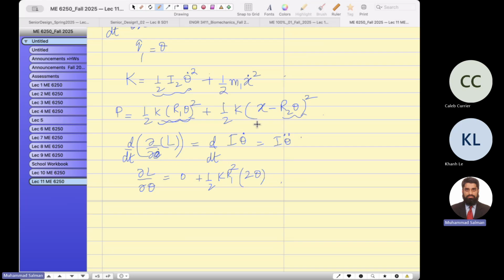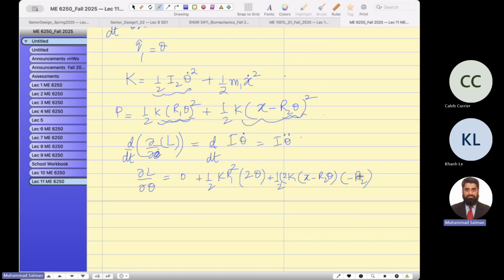And for the second term, if you take the partial by partial theta, this would be half k (x minus r2 theta), and then you apply the chain rule, so negative r2. Sorry, I forgot to write down 2 here. This 2 is cancelled by this 2, so you are left with this.